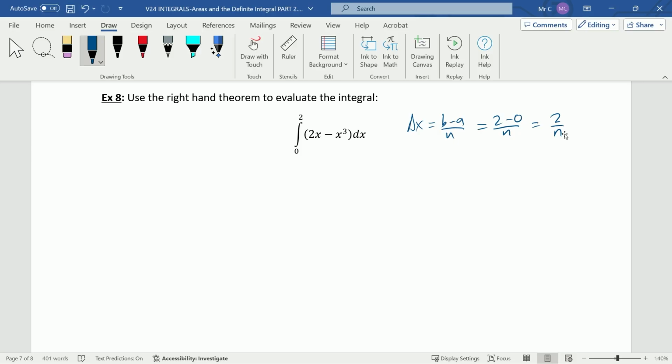We've got to figure out what our sample points look like, and we're using the right-hand theorem. So x sub i is a plus i delta x. So that's 0 plus i times 2 over n, which is just 2i over n. And now this integral we need to write as the limit of the Riemann sums.